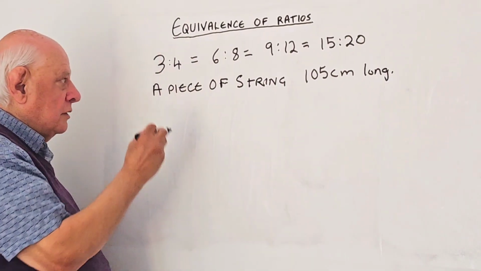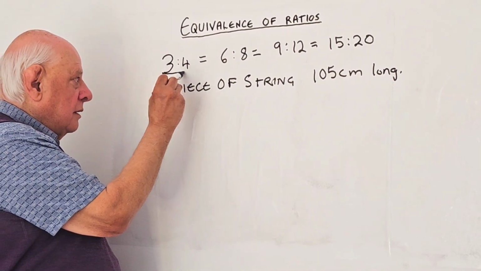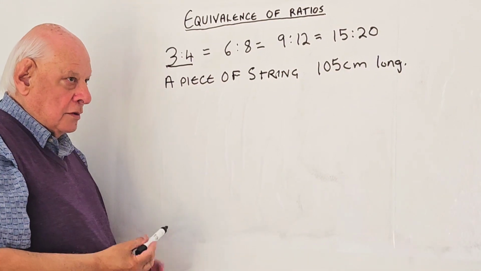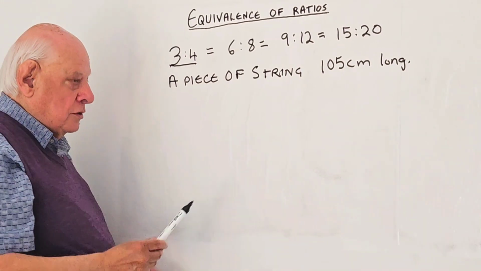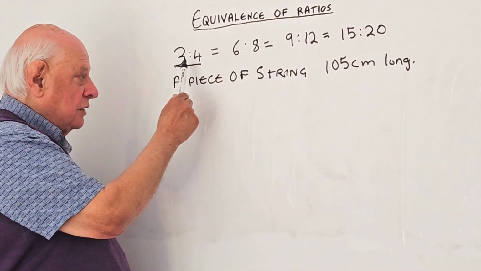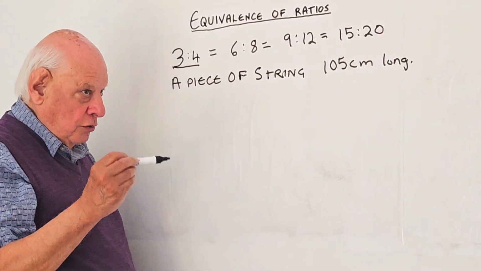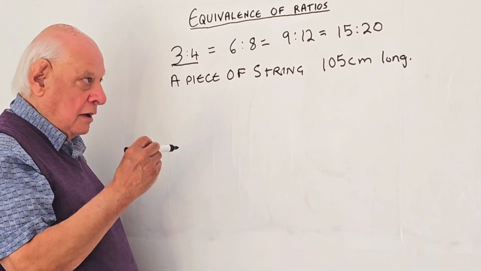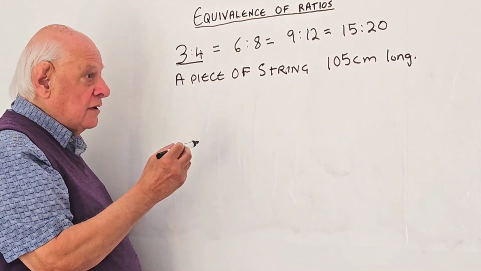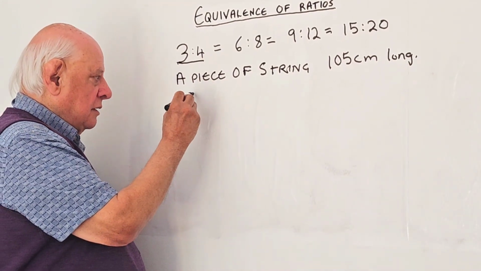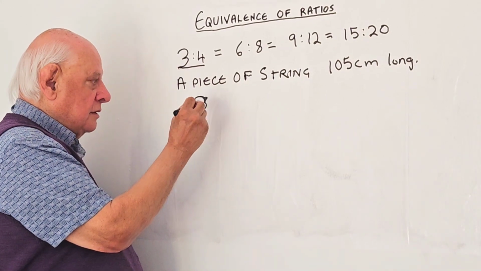And let's say I'm going to divide it in this ratio here. So I'm going to snip it. So the two new lengths are in the ratio 3:4. We want to find out how long each new piece will be after I do that. So the standard method is to proceed like this.